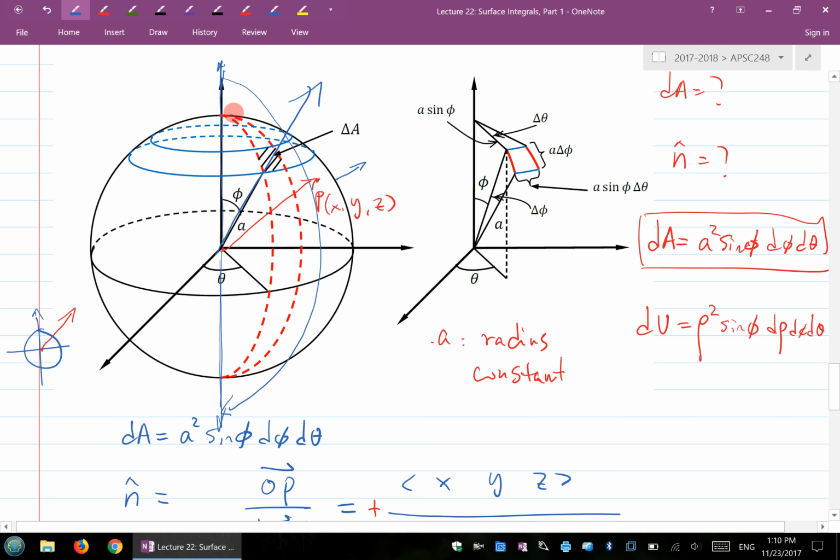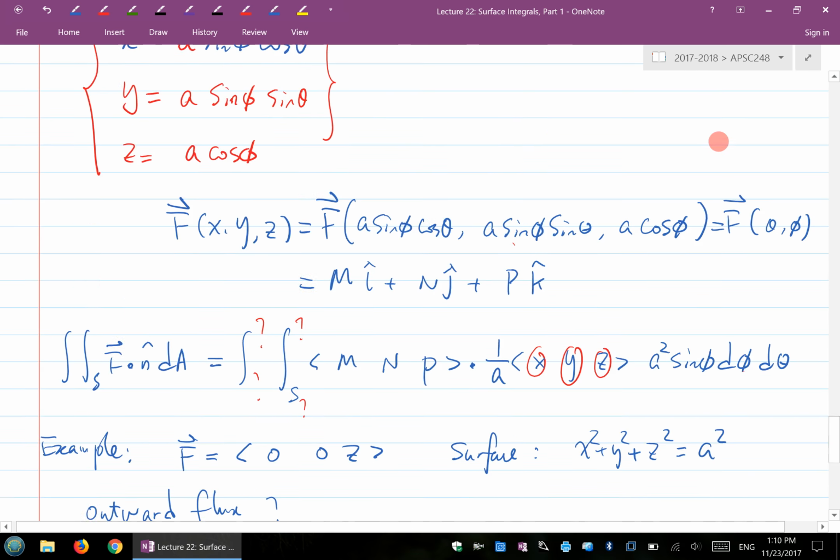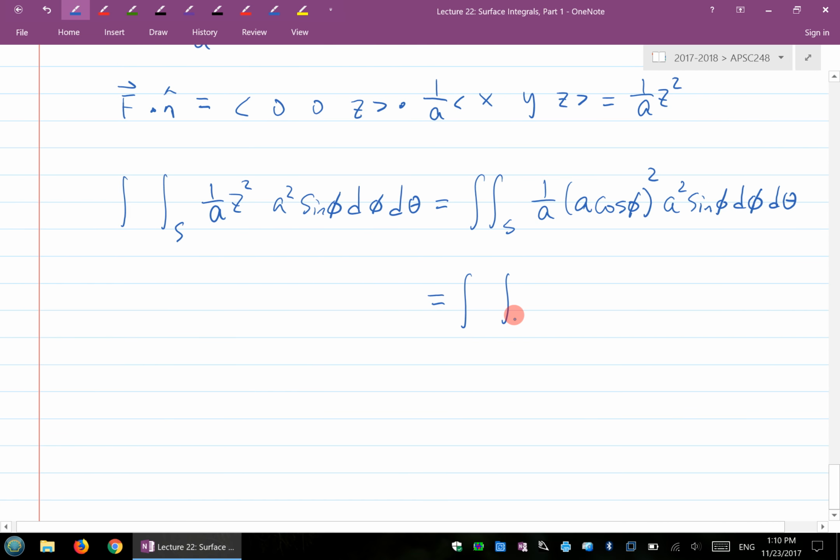So this sweep is like generating a half circular cross-section. From up, sweep down here, you get 0 to pi. So that's your phi limits.